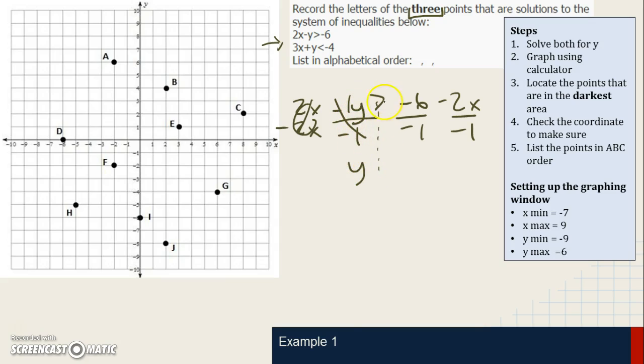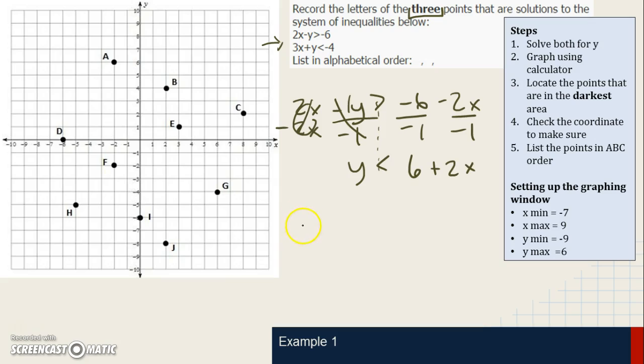Now because I divided by a negative, I've got to flip this sign, so I'm going to point it the other direction. Now I can simplify the signs and the numbers here. Negative divided by negative is a positive, and 6 divided by 1 is just 6. A negative divided by negative is a positive, and 2 divided by 1 is 2, and x divided by 1 is x. So we have y is less than 6 plus 2x.